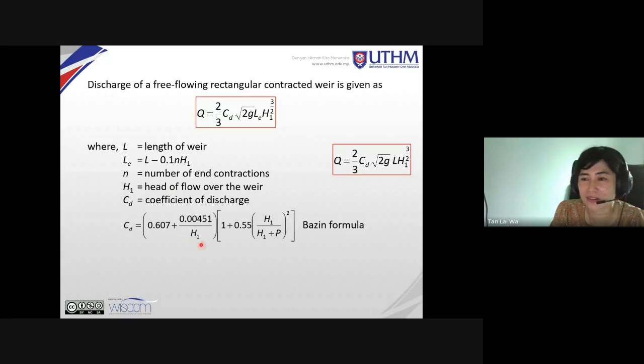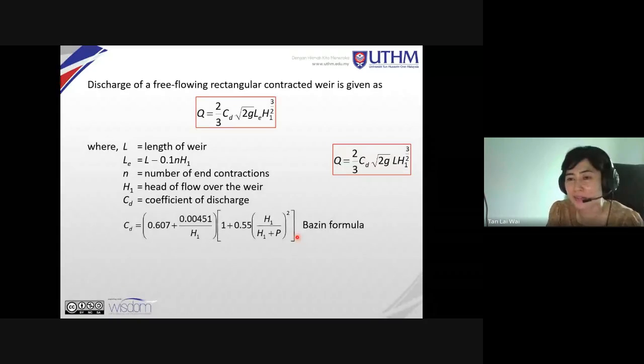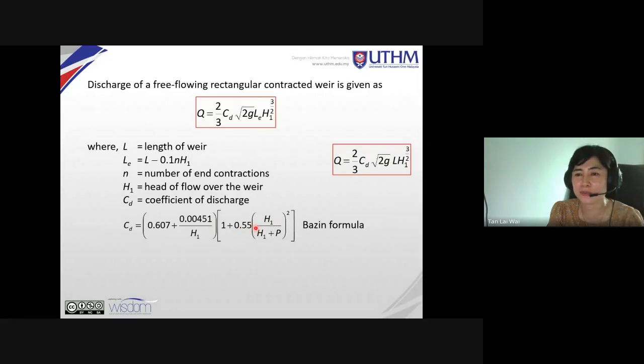Now, there's another formula, Bazin. So we learned about Rehbock, Bazin, and then we have CC times CV to get CD, all those formulas. So there's another formula, which is Bazin, which is this. Of course, I will definitely provide you this formula. I cannot remember it either. Now, how does this formula come about?